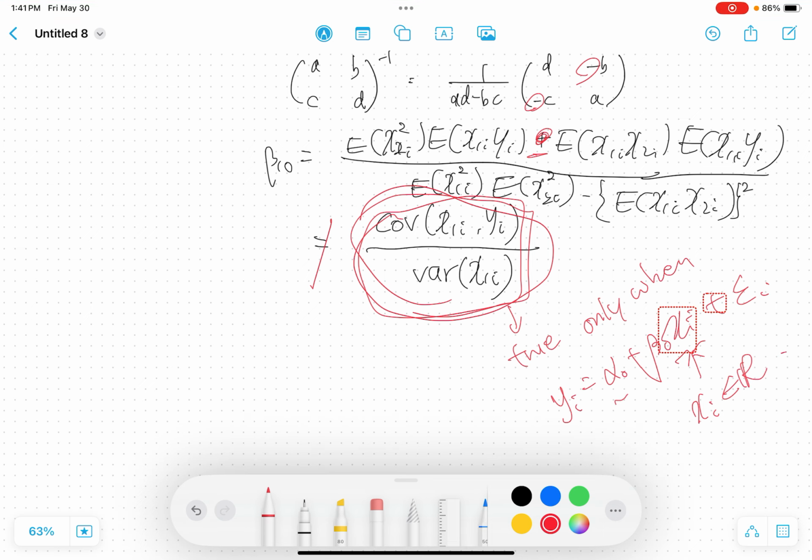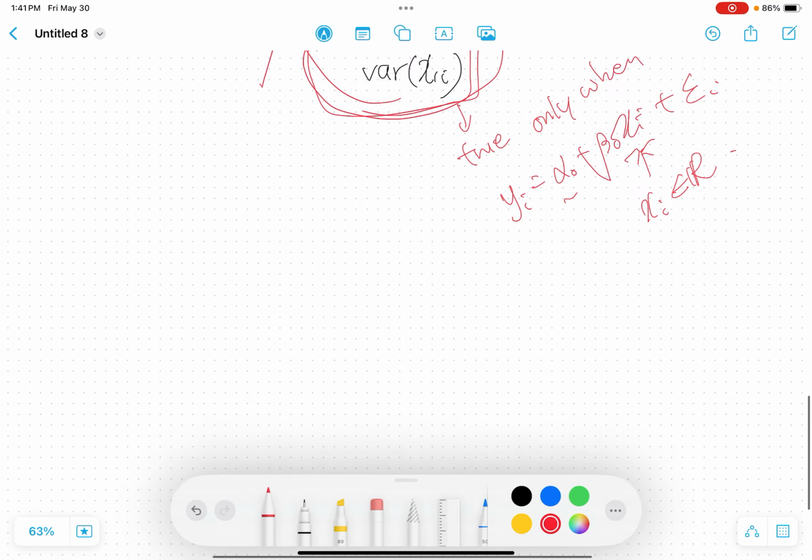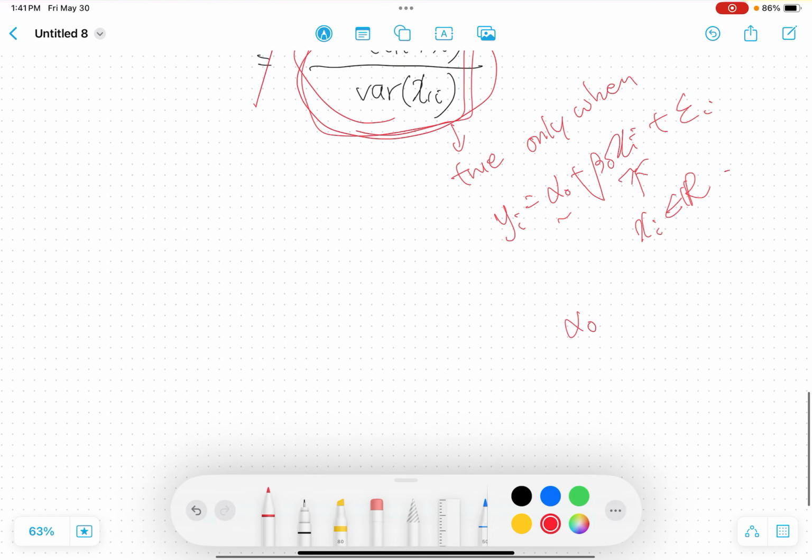In our case, for example, the formula fails if you have alpha 0 plus beta 1 x1 plus beta 2 x2. Then the formula does not work. So you have to be careful. The formula is not omnipotent. It's not right.